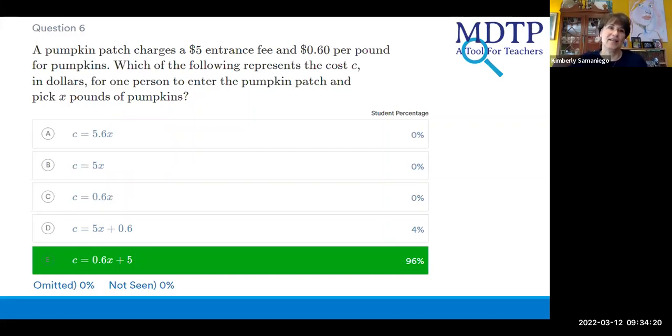So this data here was the one that I clicked on first that gave 96% of the students got this correct. I had designed in advance a bunch of lessons in linear, and one of the lessons I had was translating words to expressions or equations. And I thought I had to go through the whole process of breaking it down. When I saw that my students got 96% correct, I said, no, I don't need to do that.